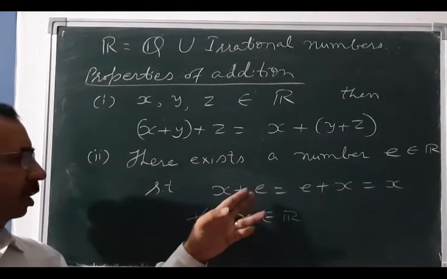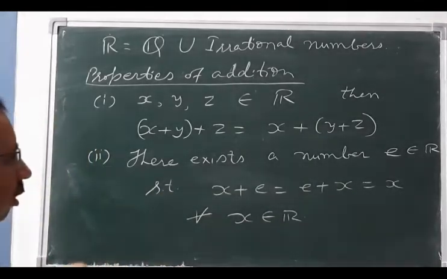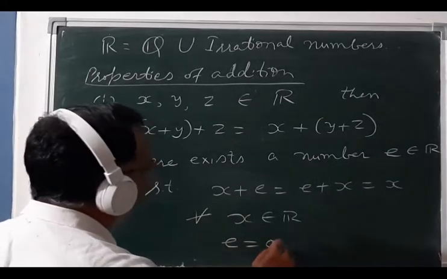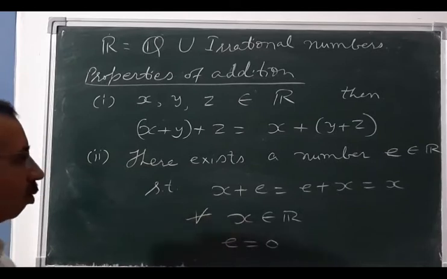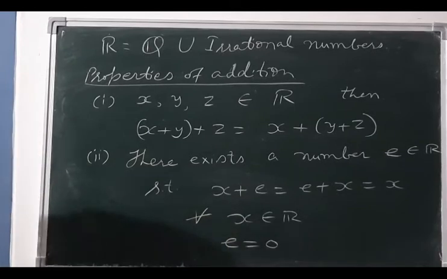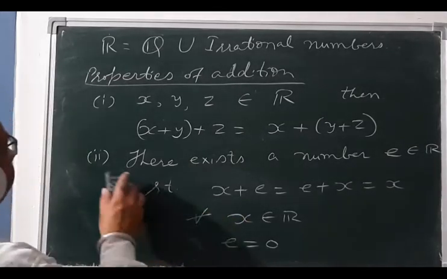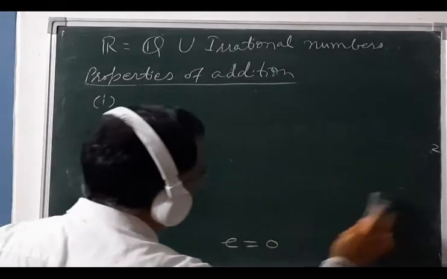If we add that identity to any real number, the real number doesn't get changed. We already know that this number e is 0. So x plus 0 is the same thing as 0 plus x is equal to x for every real number. This identity element is unique in the set of real numbers. You can't find two different zeros having this property.